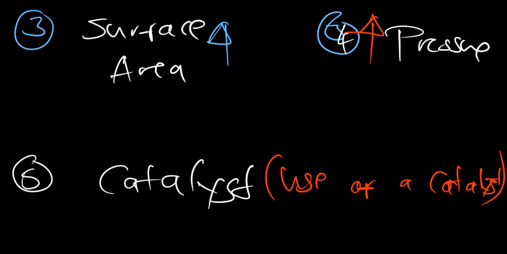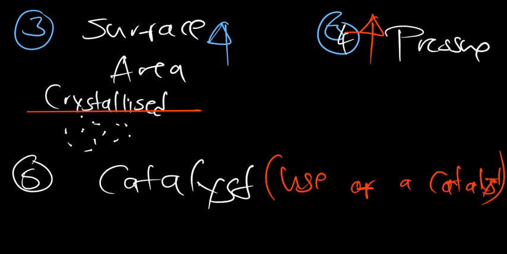It seems we're still not willing to talk, so I'll just explain. How to explain surface area? Something that might interest you is that when you look at crystallized salt, compared to the one that is not crystallized, which is in blocks, the one that is crystallized has a higher surface area.